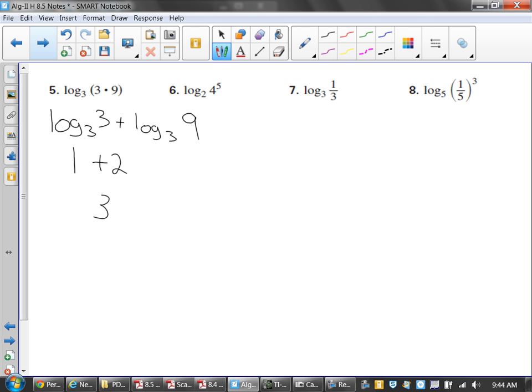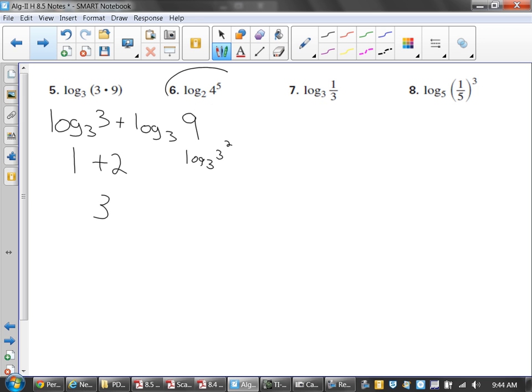The reason it's 2 is the same as saying log base 3 of 3 squared, so that exponent drops down again, 1 plus 2. Now, could you have multiplied 3 times 9 and got 27, and then have log base 3 of 27, which is 3 cubed? It's the same answer, isn't it? So this is just showing how the properties work.